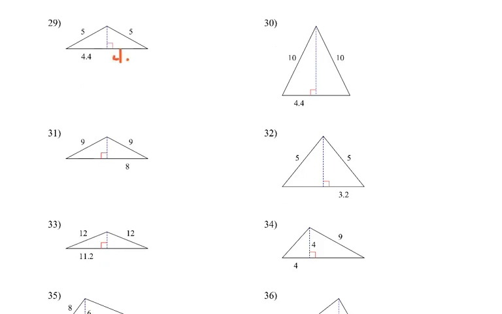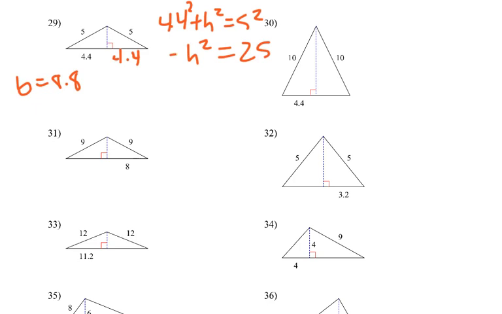So I know this is 4.4, so my base is 8.8. Using the Pythagorean theorem, 4.4 squared plus h squared equals 5 squared. So h squared, 25, 4.4 squared is 19.36.